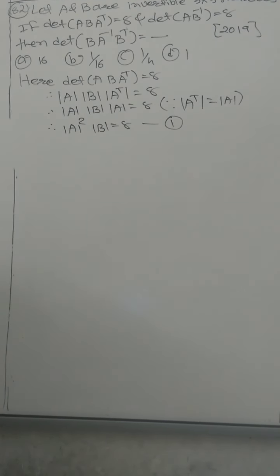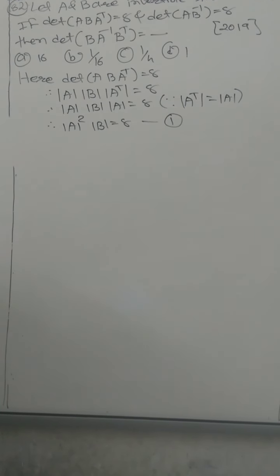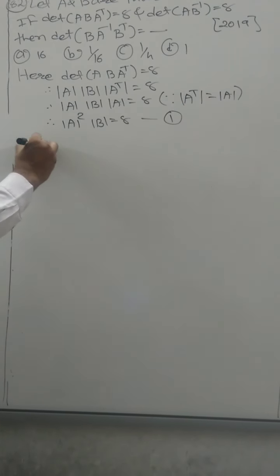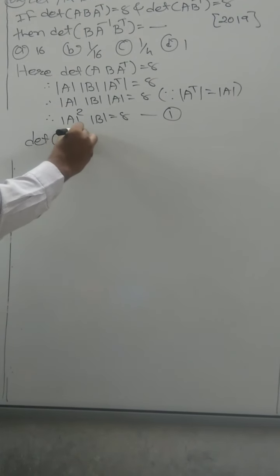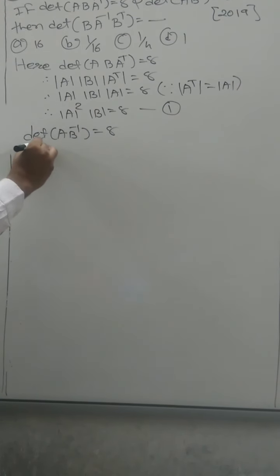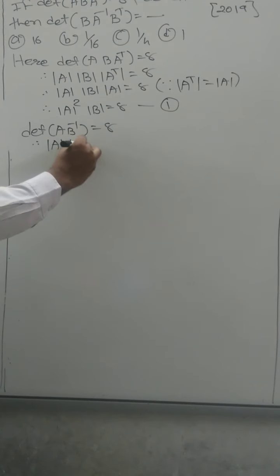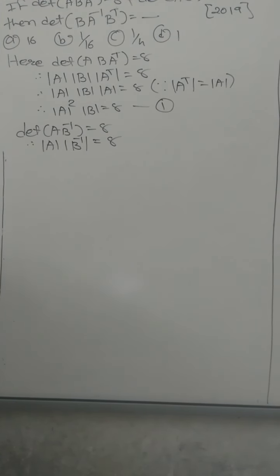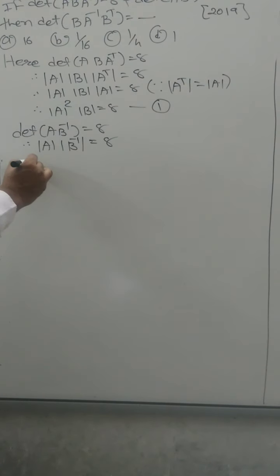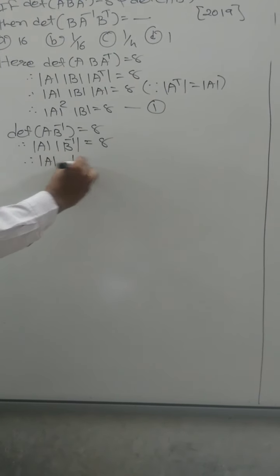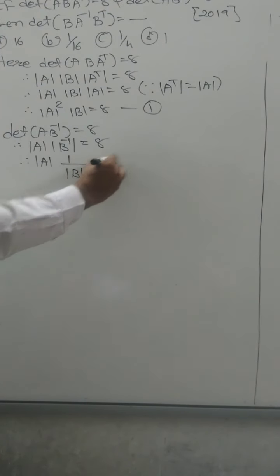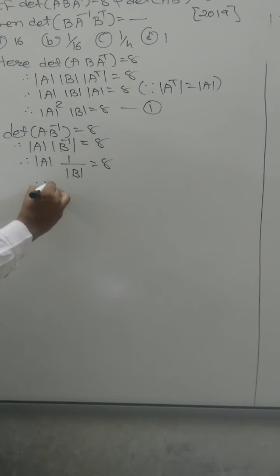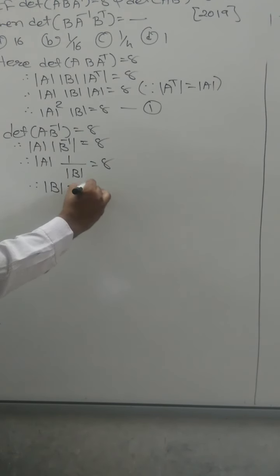Now the second result: determinant of AB⁻¹ is also 8. Therefore determinant of A times determinant of B⁻¹ is equal to 8. Now determinant of B⁻¹ is equal to 1 upon determinant of B. So determinant of B is equal to 1/(8 determinant of A).